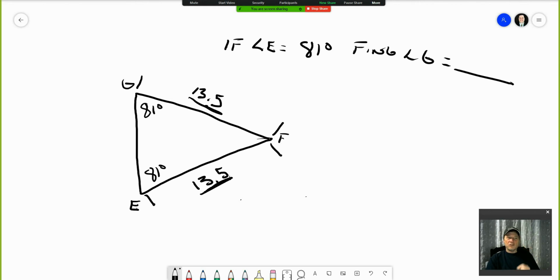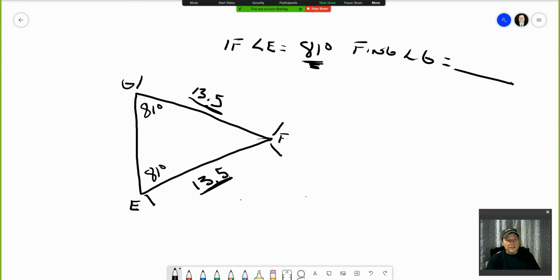As soon as you know it, then you can figure out what's missing. Otherwise, if you didn't know this was an isosceles triangle, this doesn't help you. You know there's 180 degrees in a triangle, but if you only have one angle, how do you know what the other two are? But if you know it's an isosceles triangle, then this is 81 degrees. You know that the other base angle is also 81 degrees.